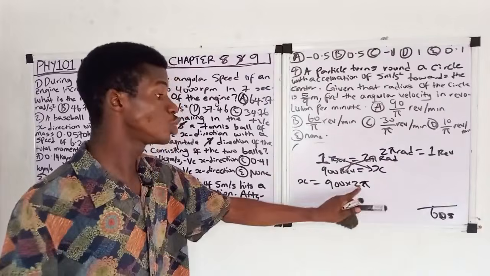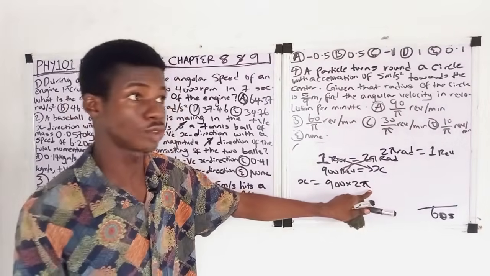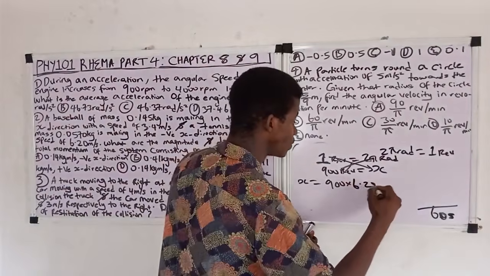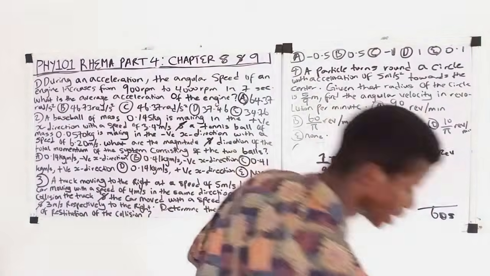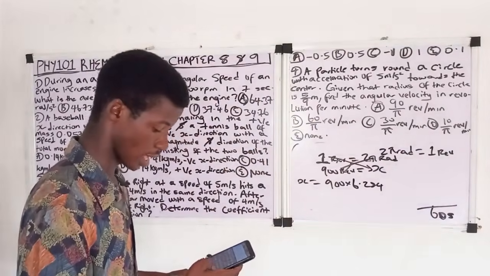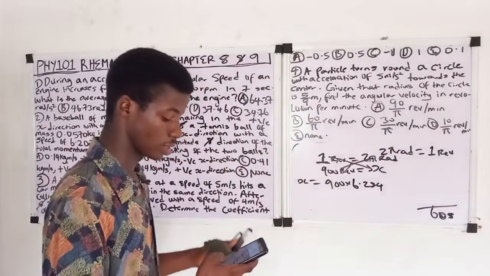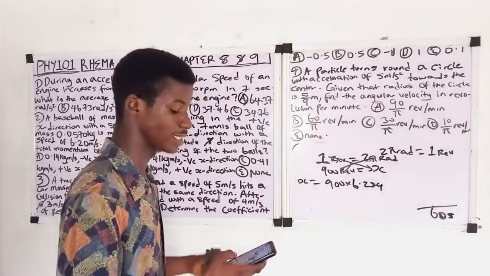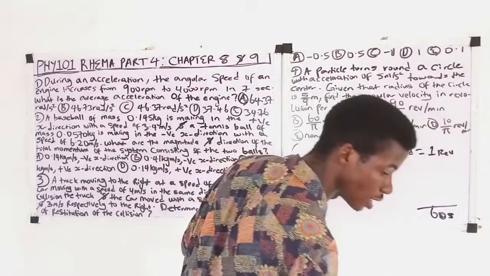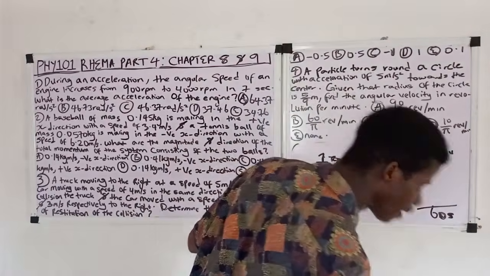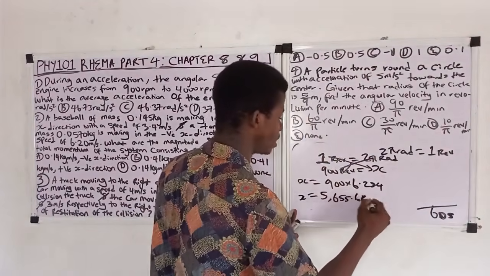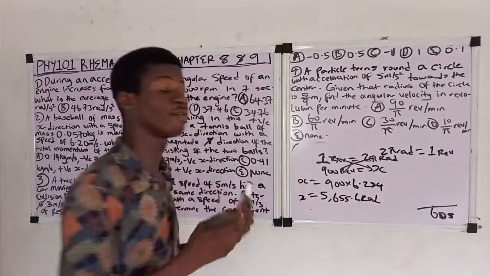So 2 times 3.142 is 6.284. Then 900 times 6.284 is 5,655.6 radian.